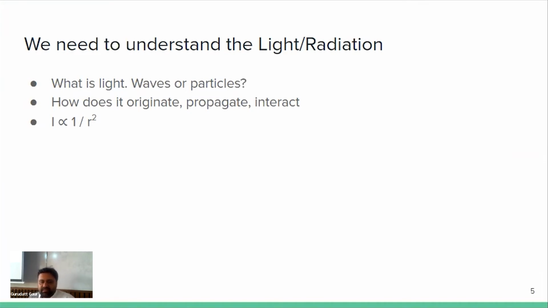So what is light? The current understanding says that it is not just waves. It was given by Maxwell in his equations, four equations, and they give us the wave solutions. If you remember, can you tell me how we get to the wave equation?